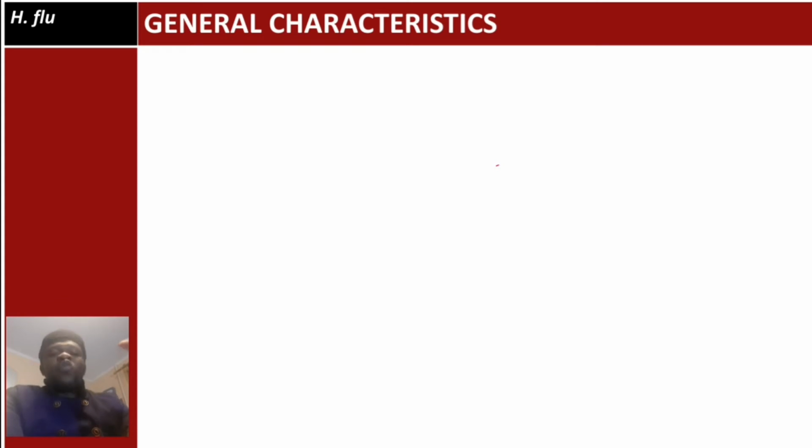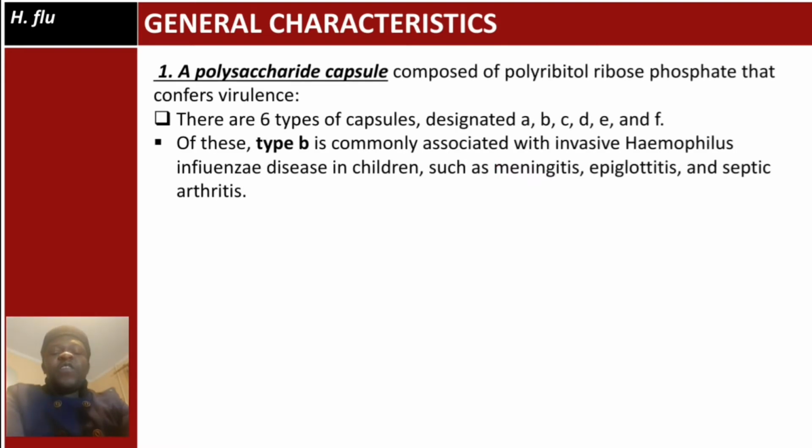There are two main ways this bacteria causes disease. The first way is because of the polysaccharide capsule. The polysaccharide capsule, composed of polyribitol ribose phosphate, can confer virulence to the bacteria.